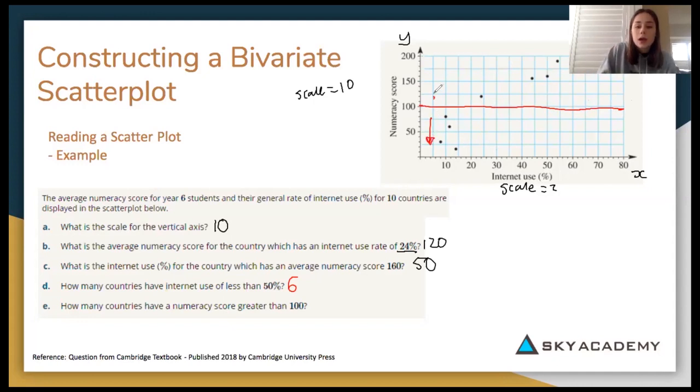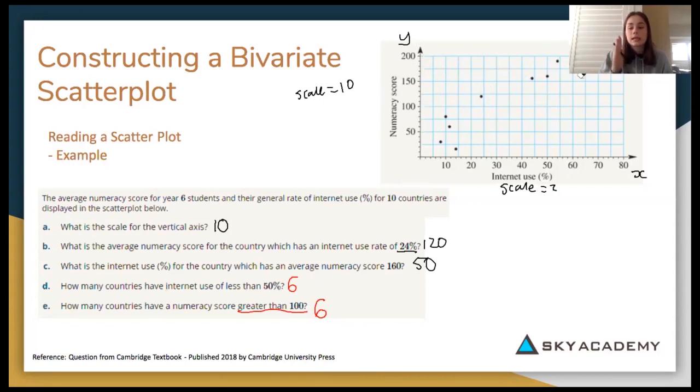So this would be higher than 100 or greater than 100, which is what the question asked. And so I'm going to once again count up how many countries have a numeracy score greater than 100. We have 1, 2, 3, 4, 5, and 6. So I'm going to put 6 as my answer for question E. So that's how you read a scatter plot.